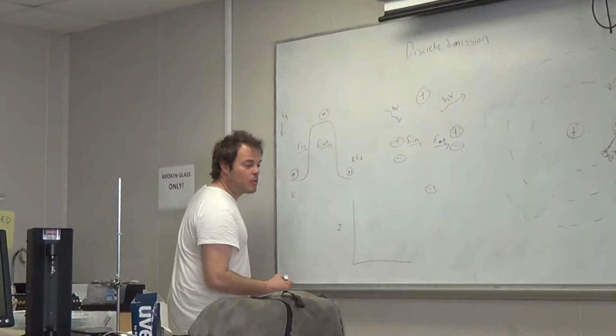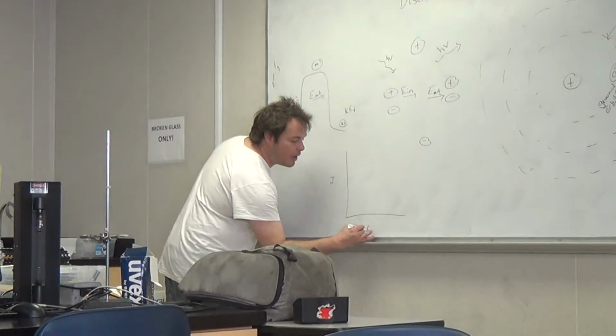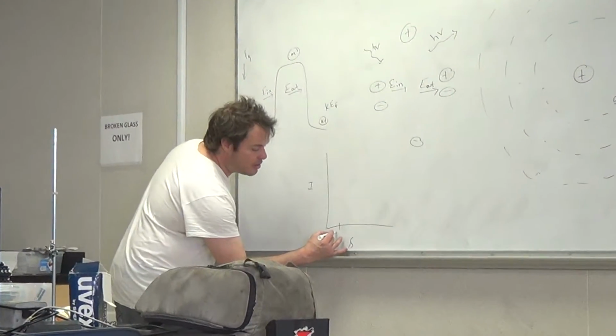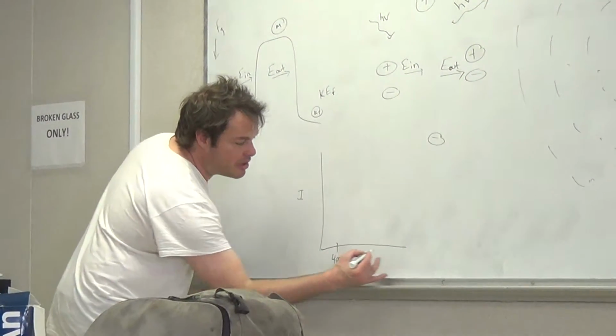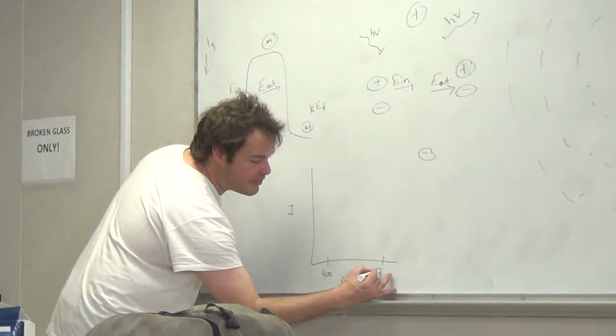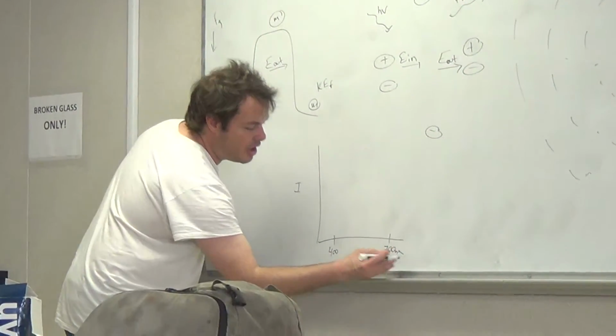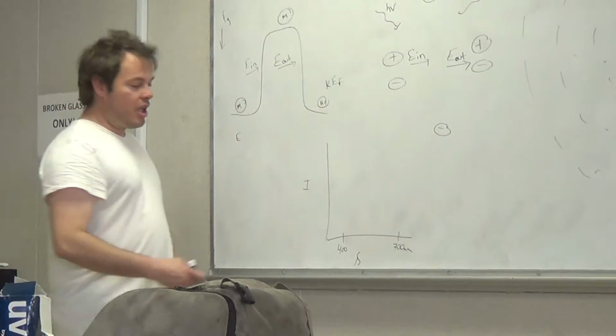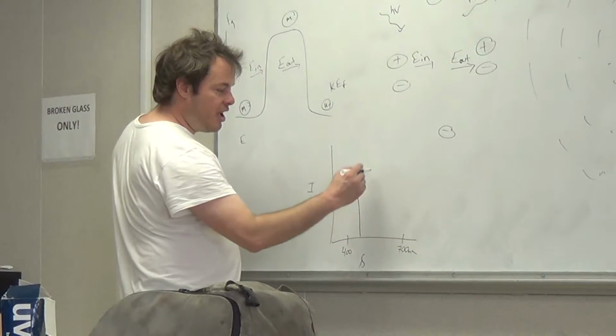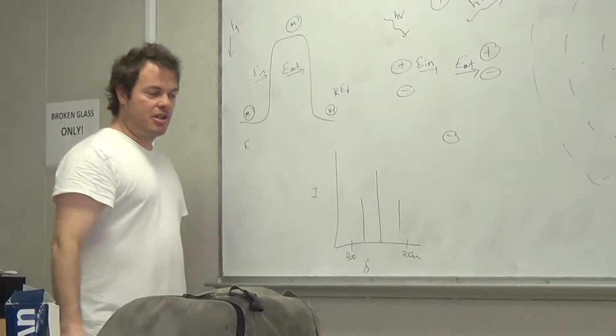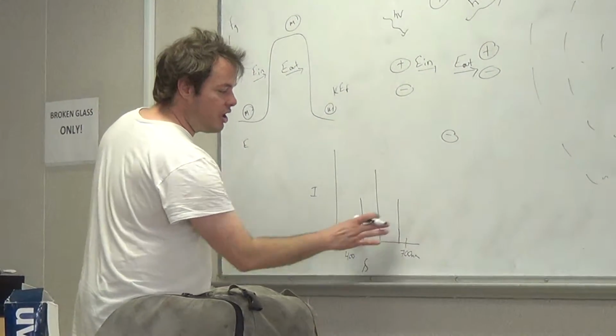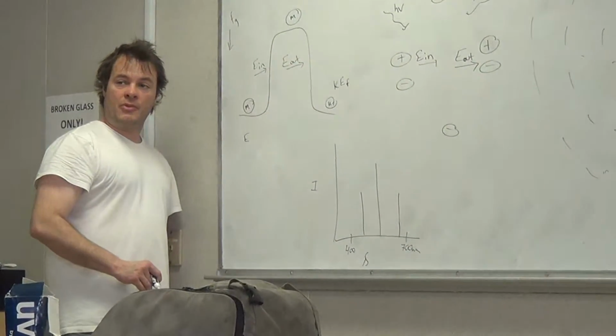You'll have intensity on the y-axis, and you'll have wavelength on the x-axis, and you'll run from, say, 400 nanometers to 700 nanometers. I think it actually runs 3 to 8. And for the hydrogen, you'll see specific lines from that emission. You'll only get emission at those lines, right?